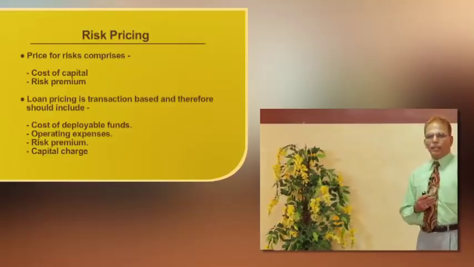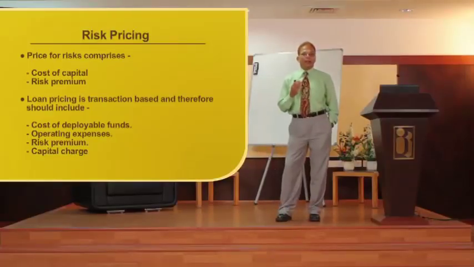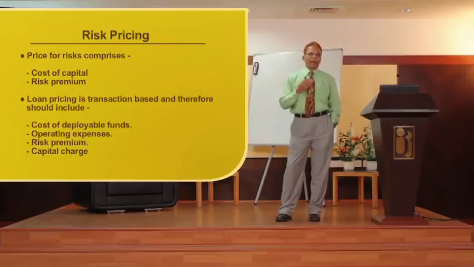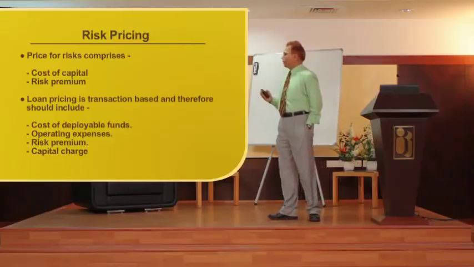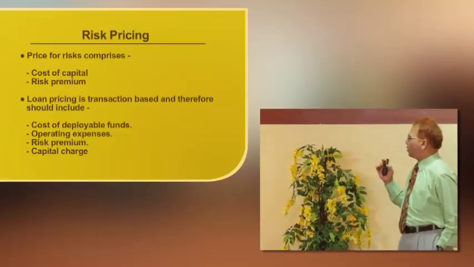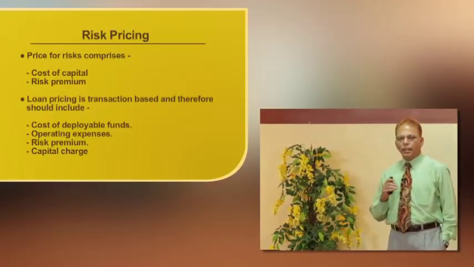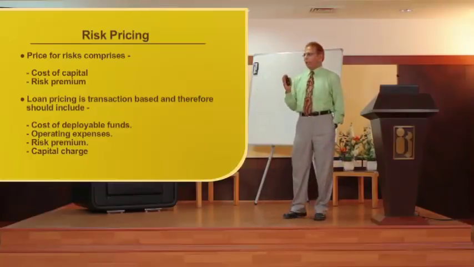The next thing is the risk premium. Like we discussed, different activities have different risk profiles, and different risk profiles mean different risk pricing. So that is where the second component comes in. First is the cost of capital and the second is the risk premium, and risk premium will vary depending on the kind of activity.